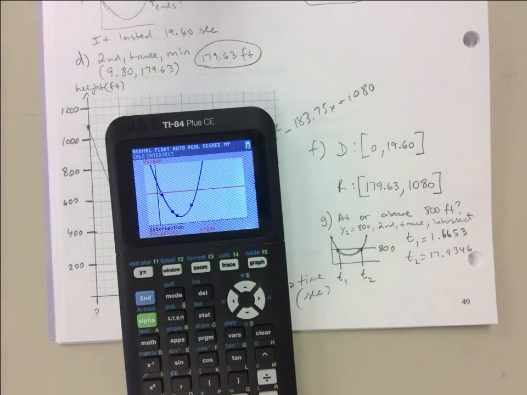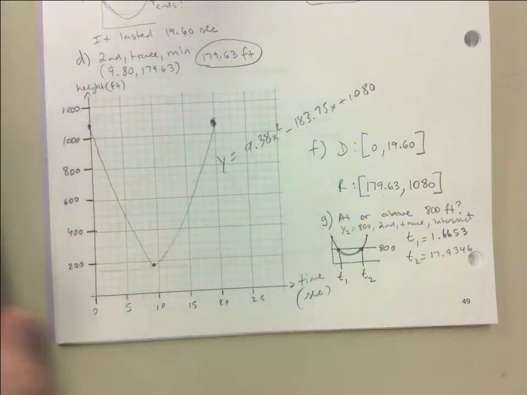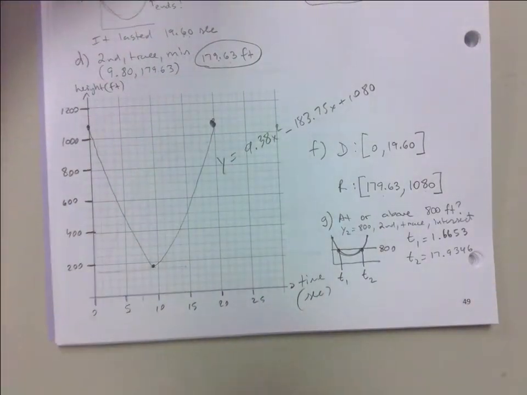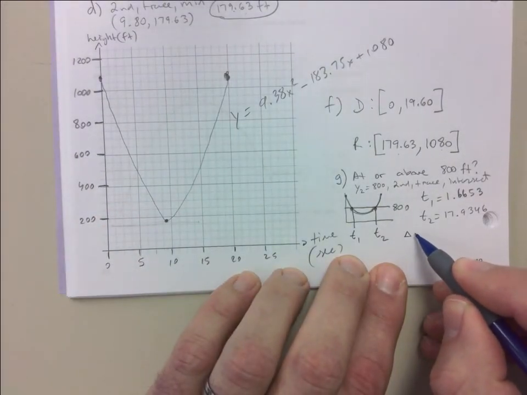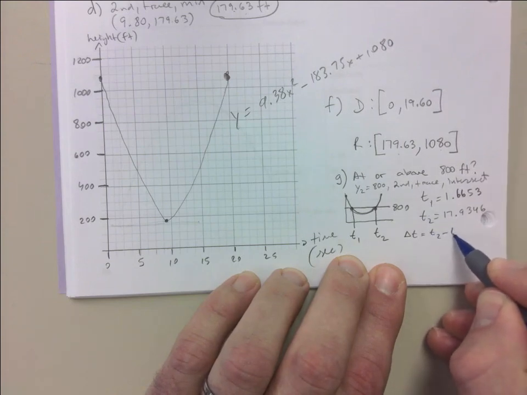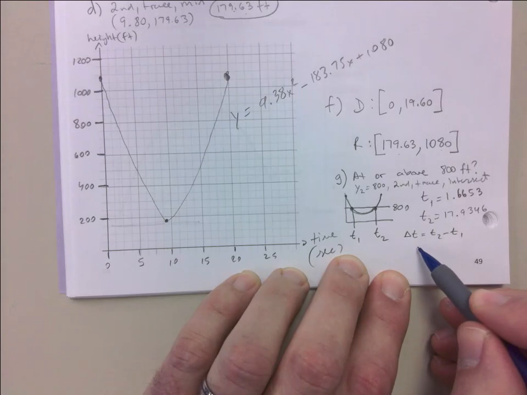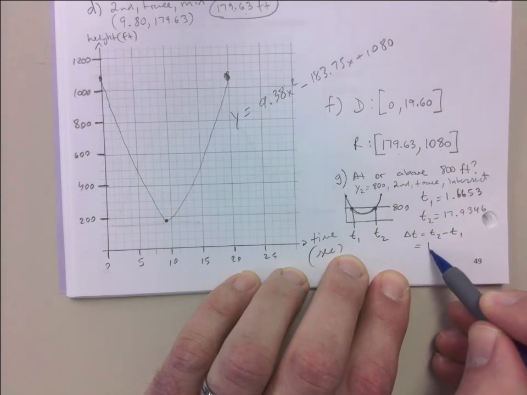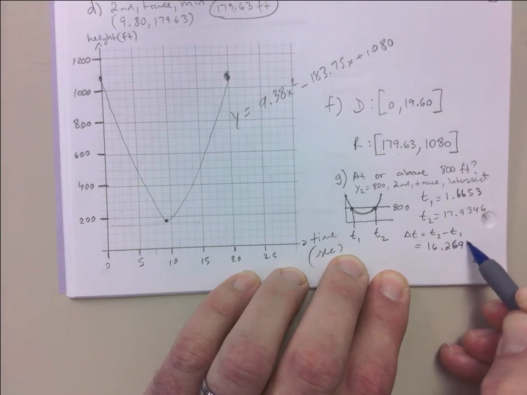Those are my 2 times there. If I subtract them, T2 minus T1, watch this part here, I'm getting 16.2693.